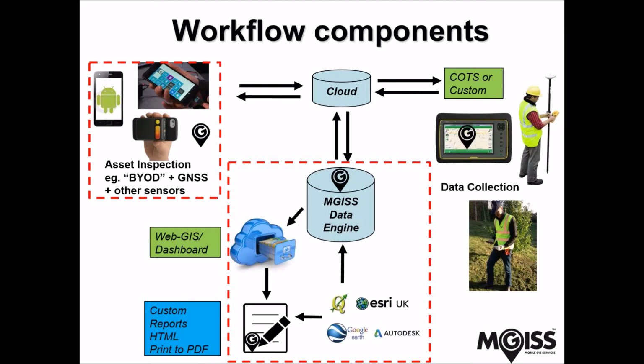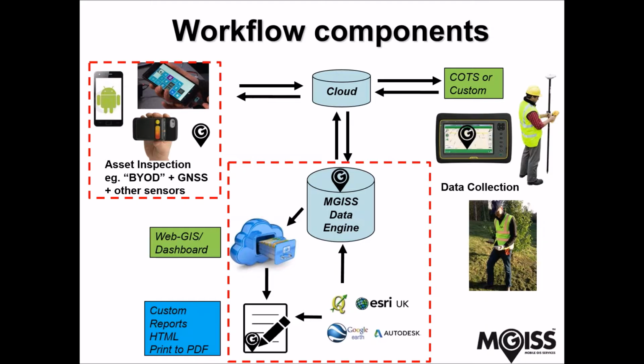As part of that back-end requirement, you might also need to produce a reporting interface which provides asset-specific information on or in a PDF format that you might want to share with a client or a contractor. You might also then, as part of a mobile GIS workflow, want to be able to have a dashboard which is web-based, and that might show the amounts of information that's being recorded and might allow you to interact with your field operatives in the field, see how much data is being captured, what needs to be done.